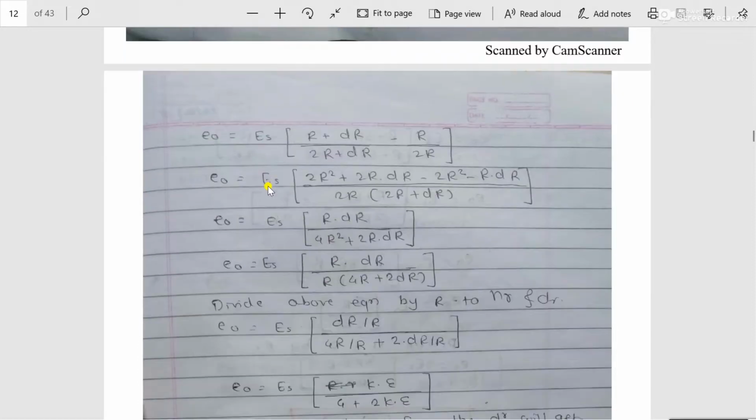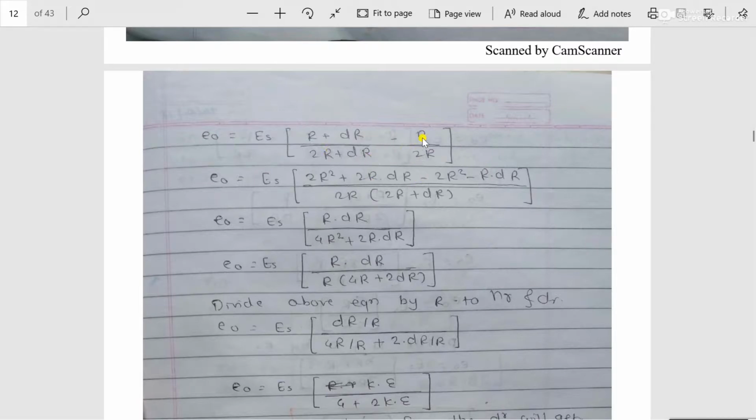That means this 2r I have to multiply by r plus delta r, and this 2r plus delta r I have to multiply by r. After the cross multiplication of r plus delta r and 2r, I will get the equation 2r square plus 2r into delta r, this minus sign as it is.